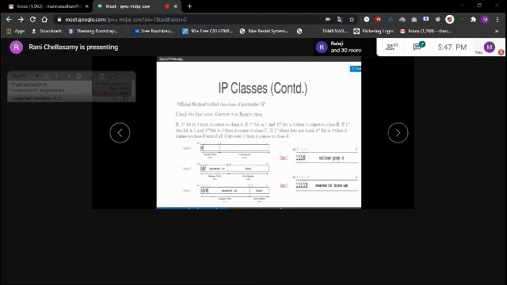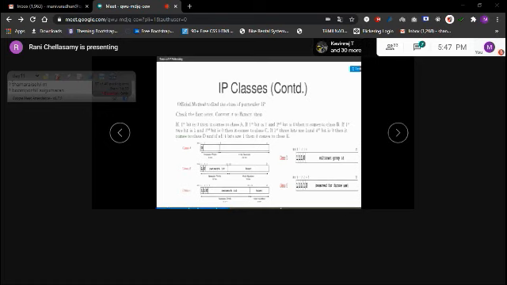If the first bit is 0, then it is class A. If the first bit is 1 and the second bit is 0, then it is class B. If the first bit is 1, the second bit is 1, and the third bit is 0, that is 1, 1, 0, it falls in the class C address. For class D, the representation is 1, 1, 1, 0.